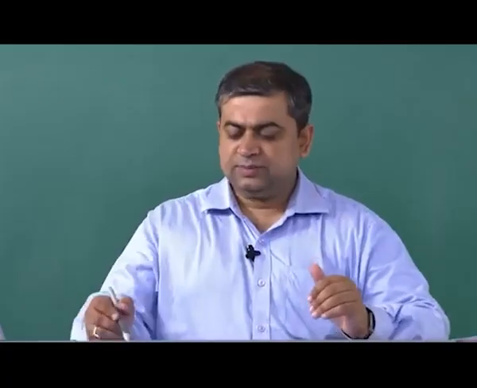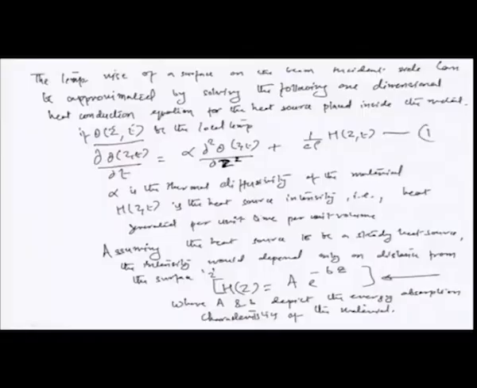So, the equation that has been earlier obtained, equation 1, can be slightly modified and written in terms of this steady state heat source. And so, H typically would now depend at time t equal to 0 only on z, and also corresponding to all other times after 0.